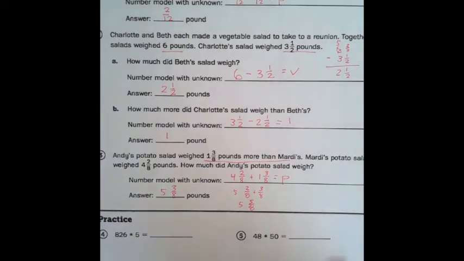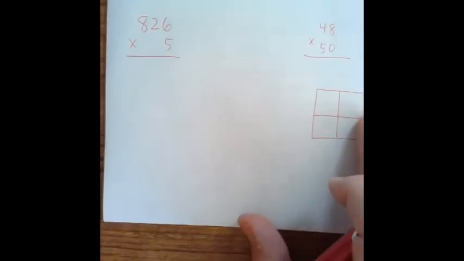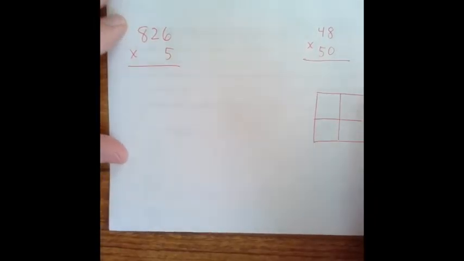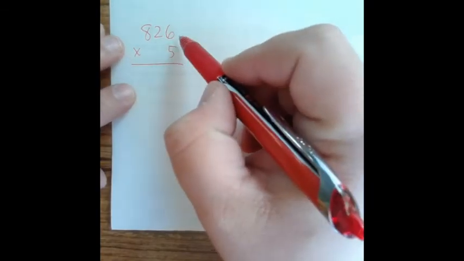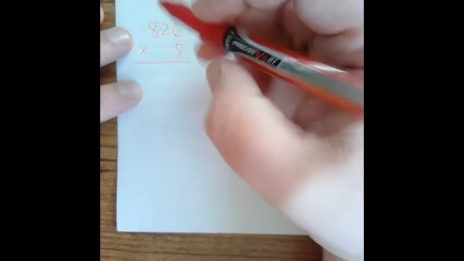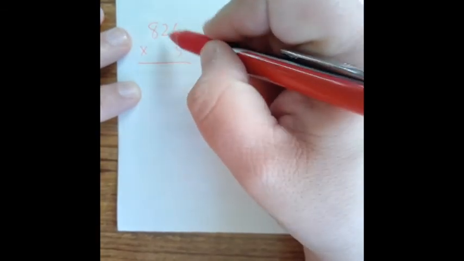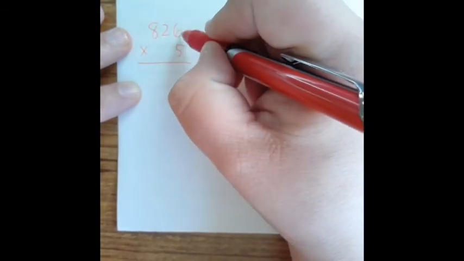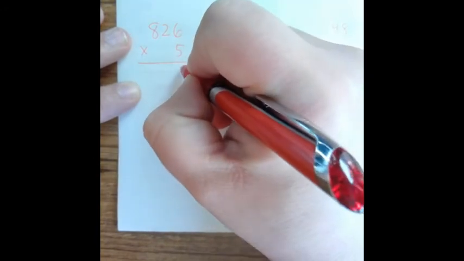Okay, so we have a couple of multiplication problems to practice. So I'm going to show you a couple ways. We're going to do one with traditional multiplication, and then we're going to do one with lattice. So the first one here is 826 times 5. So if we go traditional multiplication, we just take that 5 and multiply it to each digit. So 6 times 5 is 30, which is 0 here.